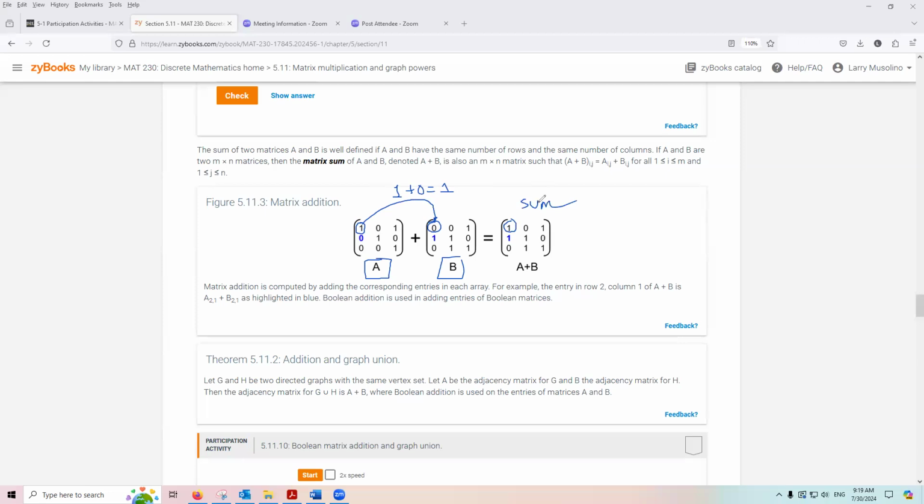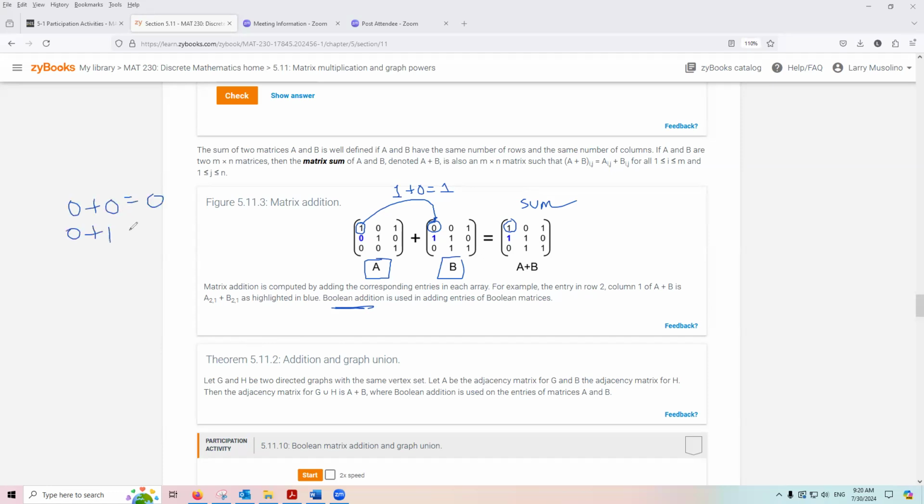All right, let me do another example. Again, all you have to do here to add is add corresponding entries. Now, in this example, this is really Boolean addition. So think of these as zeros and ones, so that a 0 plus a 0 is a 0.